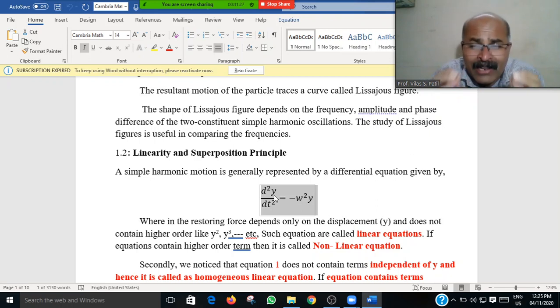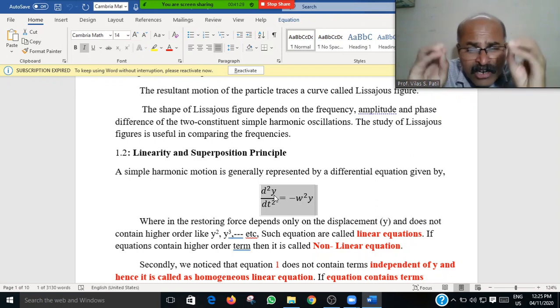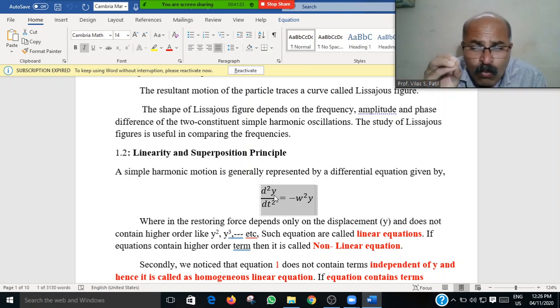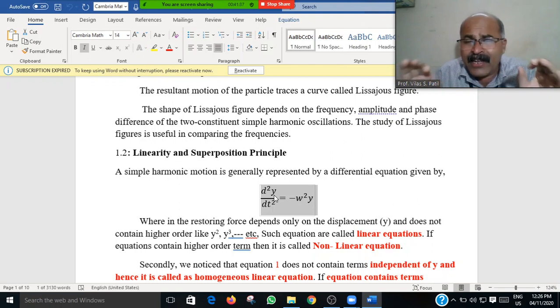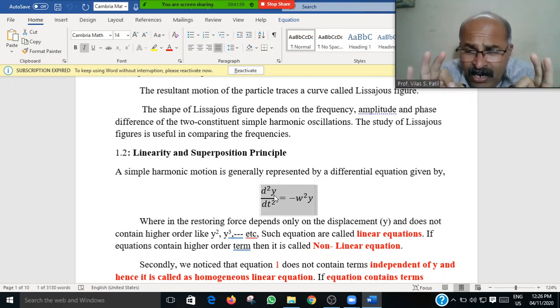Means that all the higher power terms of y, y square, y cube, y4, हे सगळं इथं काय केलेलं आहे? डिलीट केलेलं आहे. Means that these terms of higher power of y will be ignored.